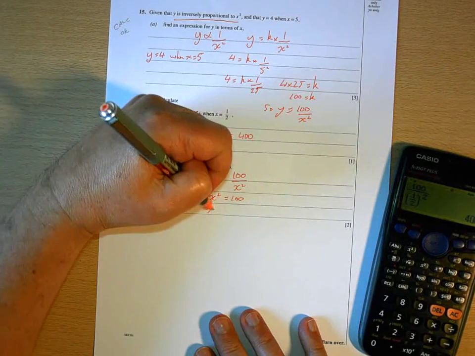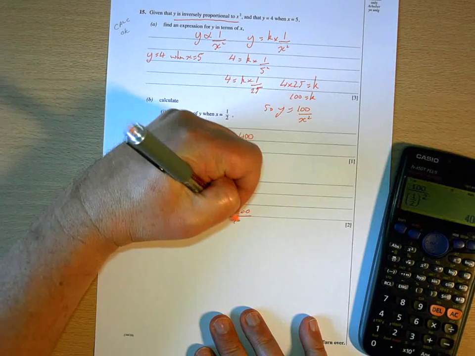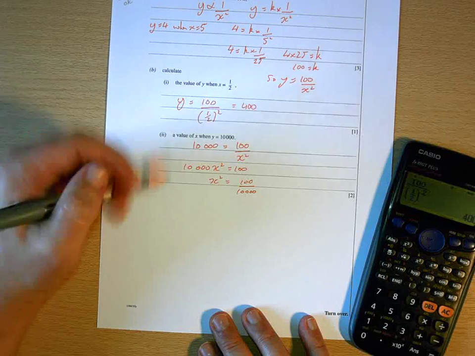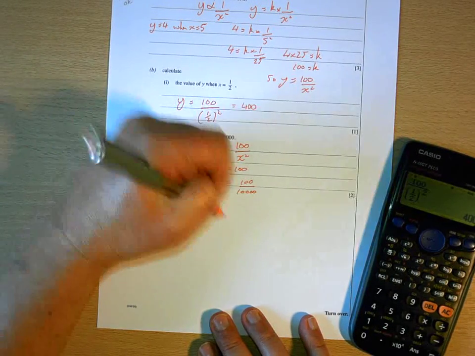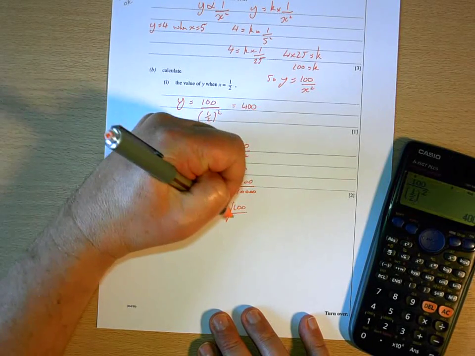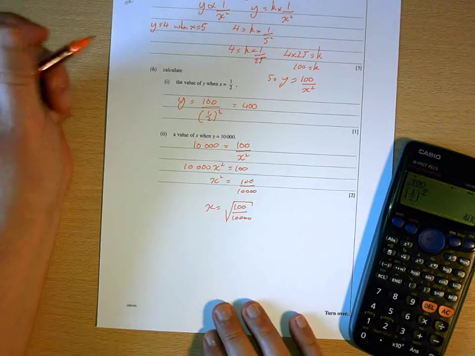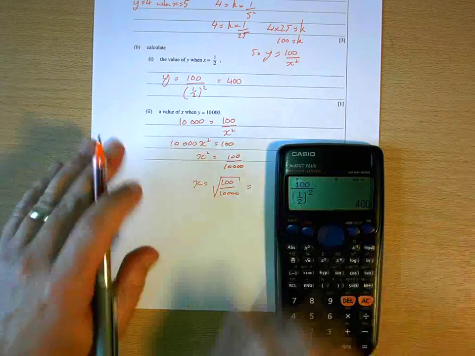Then we want to divide by 10,000. And then in order to find out what x is, you need to do the opposite of squaring, which is square rooting. So make sure you get the right number of zeros there, and then we can work that out, make it look exactly as we've written it.